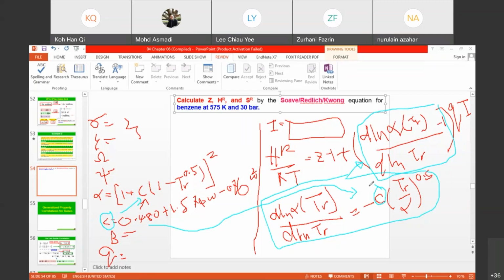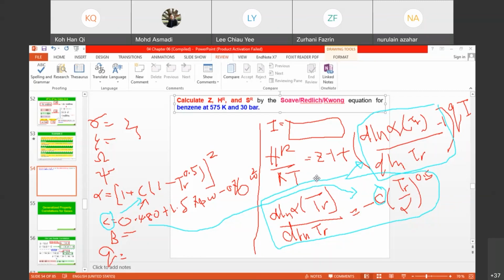This one you have to take note. I don't think it is available in the main textbook. Negative c times TR divided by alpha, in brackets, to the power of 0.5. And then you can calculate HR, and the rest is the same.